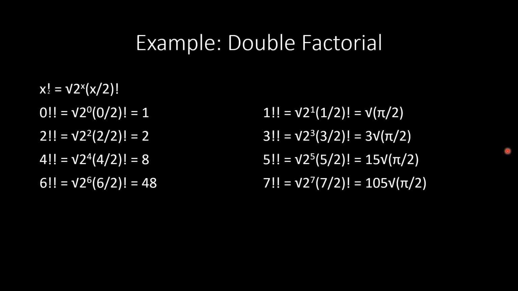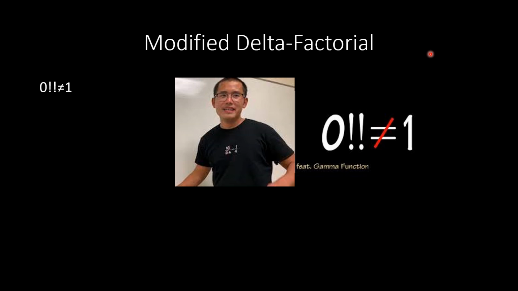Now, this can cause some contention, as there are some other arguments that would suggest that 0 double factorial is also not equal to 1. So, when we think about 0 double factorial not being equal to 1, there is a nice video that I came across just before making this presentation by a guy named Steve from Black Pen, Red Pen.